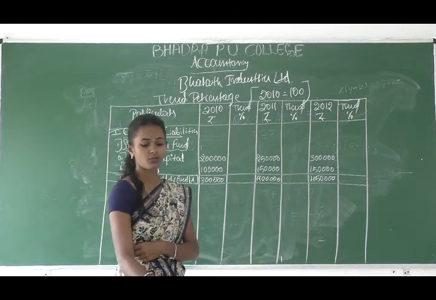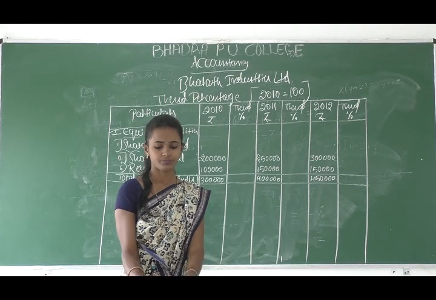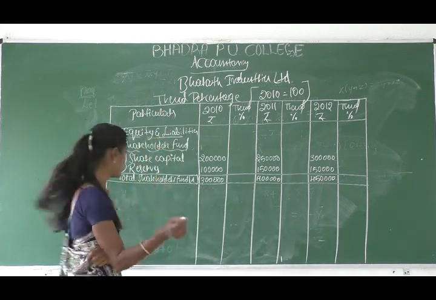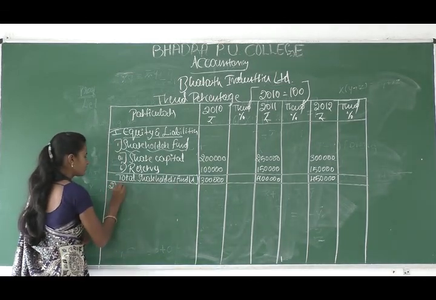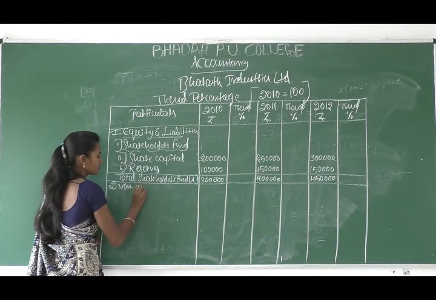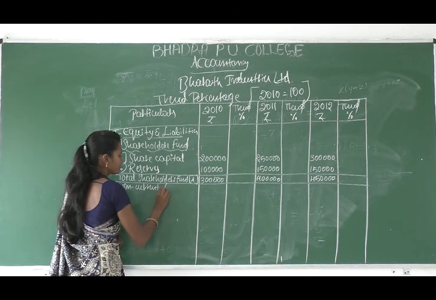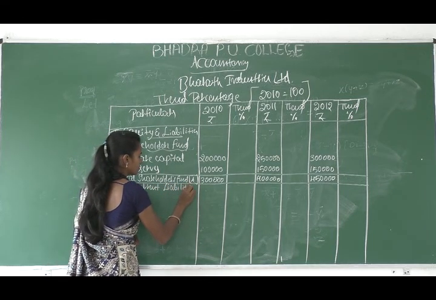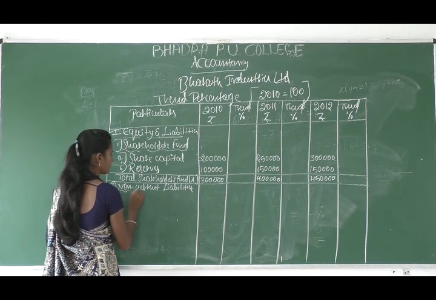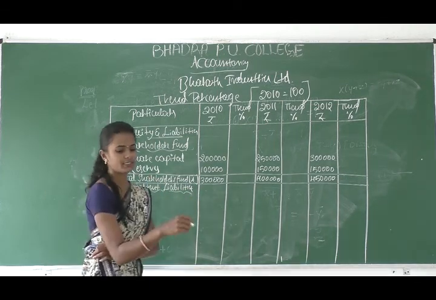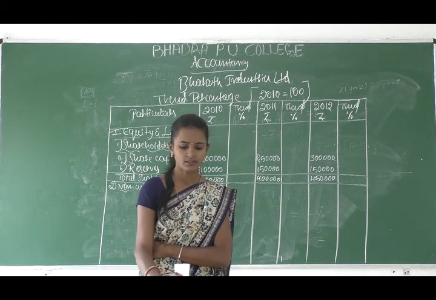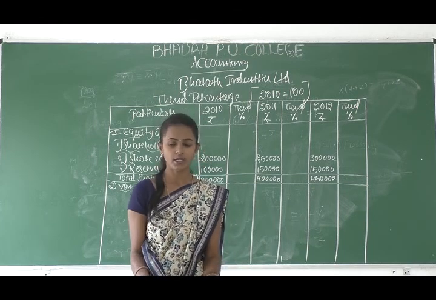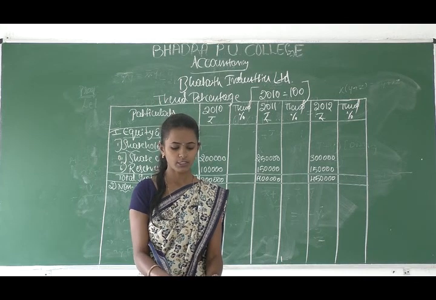After this, again go back to your format. The second one is non-current liabilities. I am taking here second one, non-current liabilities. Under that, the first item is long term loans. Look, have they given long term loans in your question?